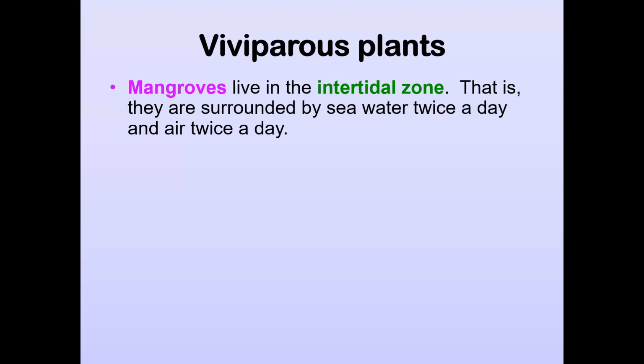The intertidal zone is the area between the top of high tide and low tide. That's between the two tides, intertidal. So what happens with mangroves, they're surrounded by seawater twice a day. So the tide goes out, they have air, tide comes in, they're underwater, they keep going on a 6-hour cycle.